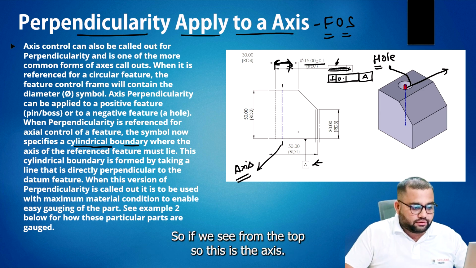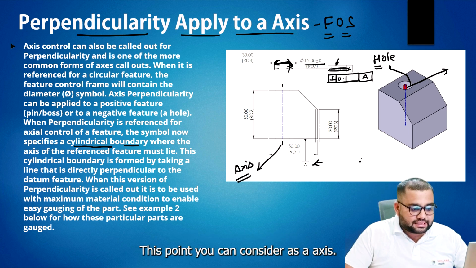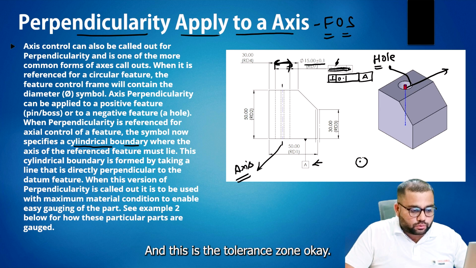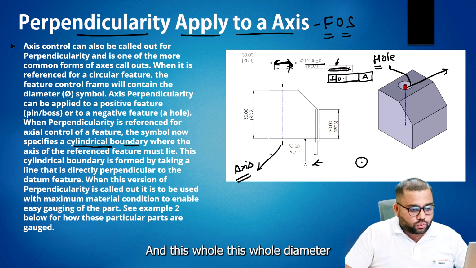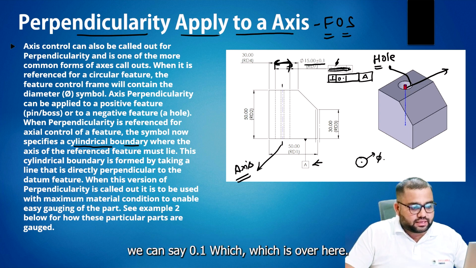If we see from the top, this point you can consider as the axis, and this is the tolerance zone. This is the axis from the top view, and this whole diameter we can say is 0.1 mm, which is over here.